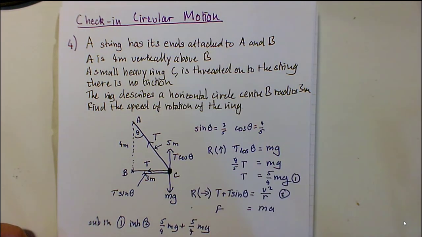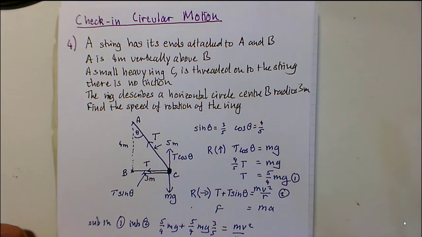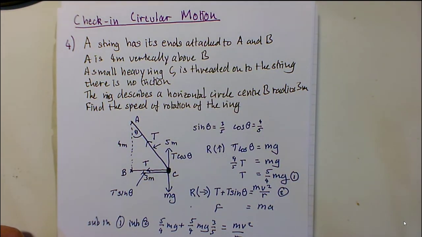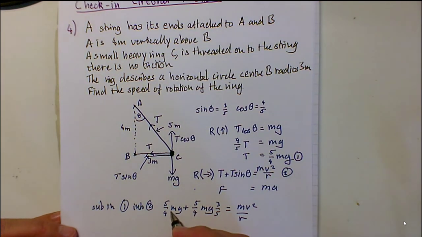Oh, but I know what that is. That's just times another 3/5 equals mv squared over r. Sorry, I made a mistake there. I just wrote in the acceleration component. It's mv squared over r. And immediately, all my m's cancel out.